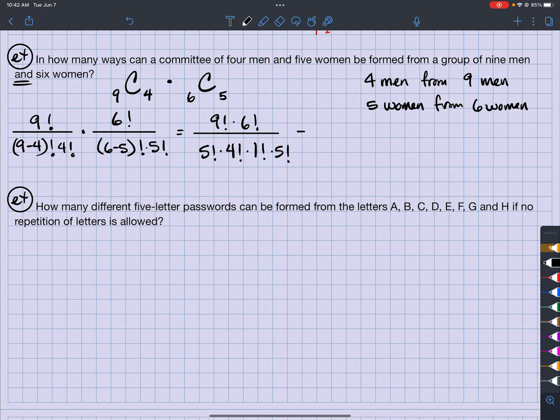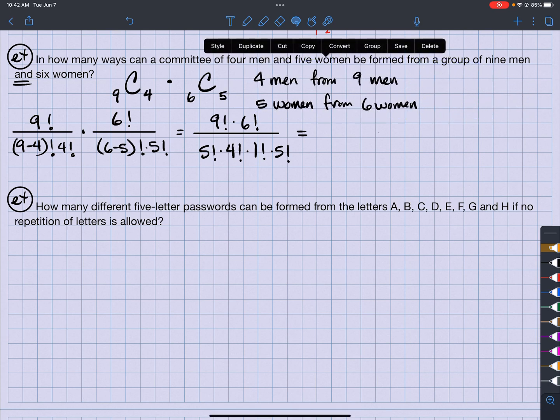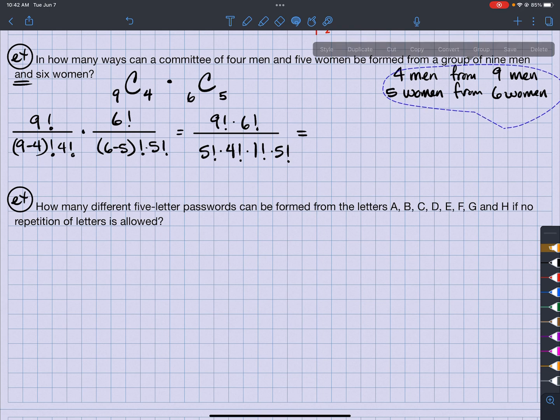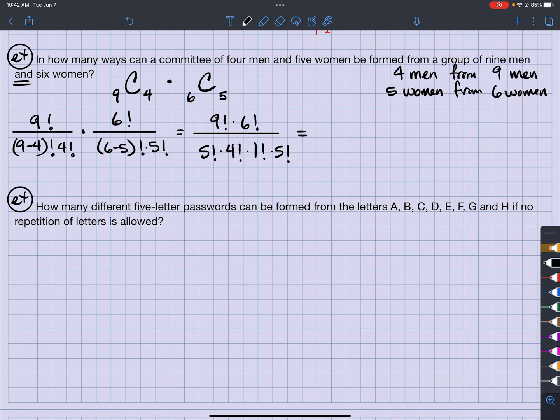Okay, this is interesting. Keep that over here, nice and tight. So what we have is 9 times 8 times 6 times 5 factorial times 6 times 5 factorial.